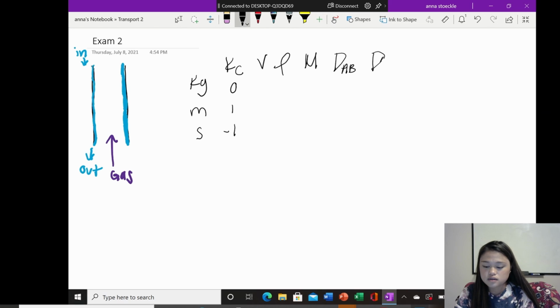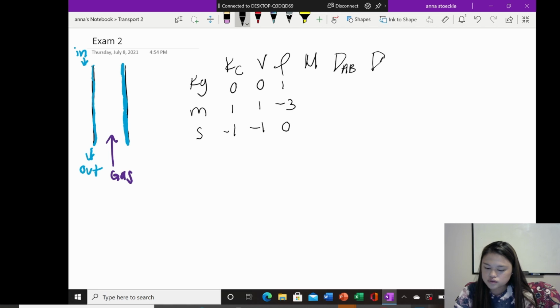Velocity is also in meters per second, so same thing. Density is in kilograms per meters cubed. So 1, and -3, since it's cubed in the denominator, and there are no seconds for this.